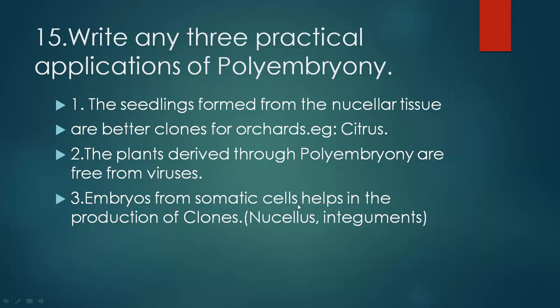The embryos from somatic cells help in the production of clones. So somatic cell embryos are always genetically similar in nature, so it helps in the production of clones. Now, clones: the genetically identical, genetically uniform plant or animal populations are called clones.